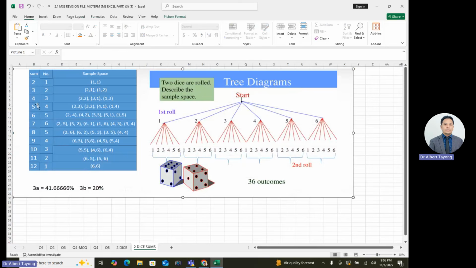So if you have higher numbers, for example, 8 or 7 to 12, it's better to start from down and then go up. Okay, so you'll not be confused. So it's like 1, 2, 3, 4, 5, 6, and then go down 5, 4, 3, 2, 1. And the sample points here, these ordered pairs, could be in any order.